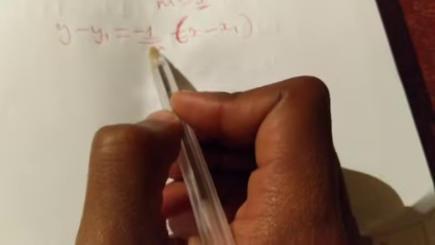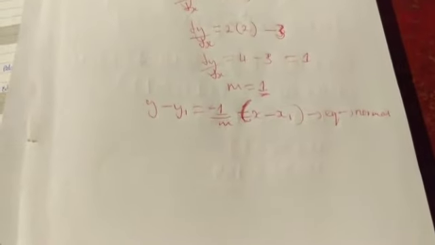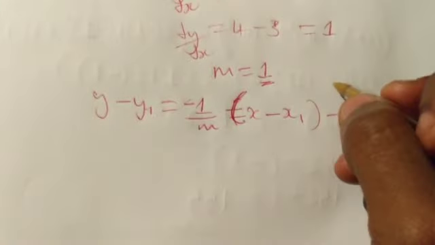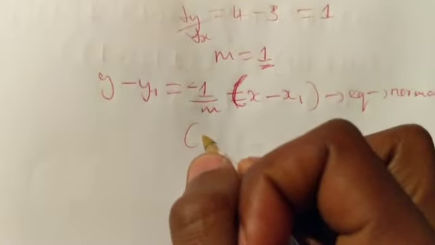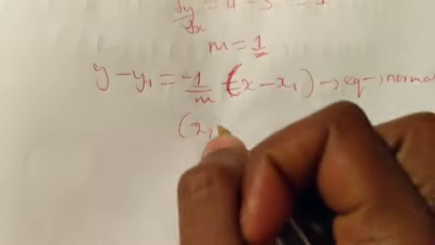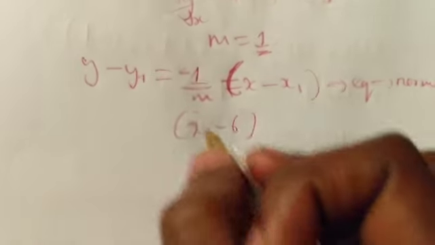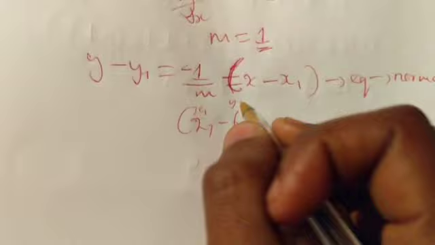This is the formula for the equation of the normal, which is what we are finding. According to what I've said, I've already given you the coordinates: 2, negative 6. So this is your x1, this is your y1.